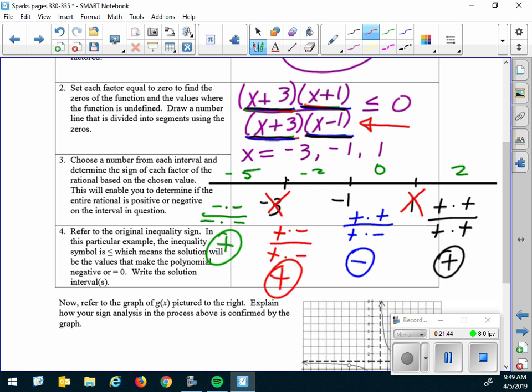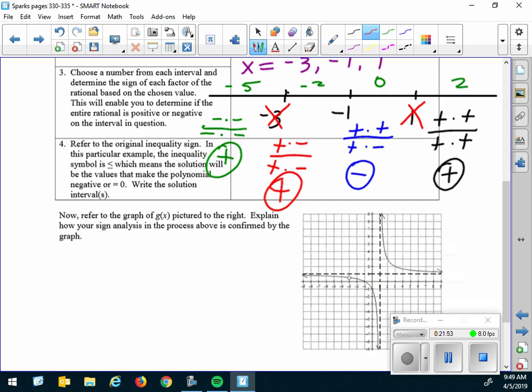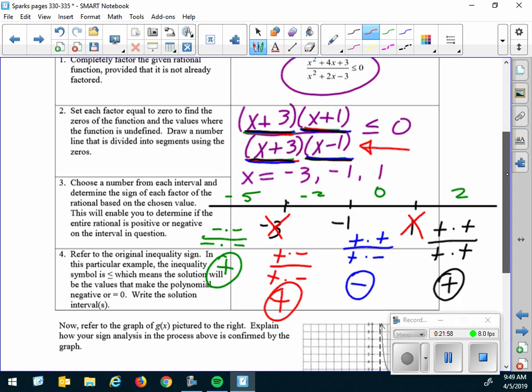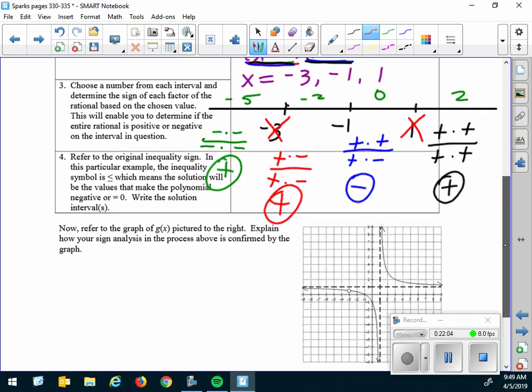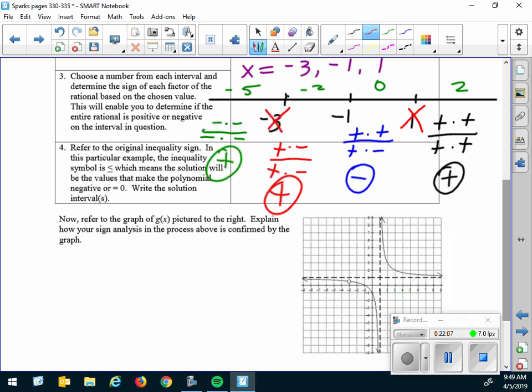Now, ladies and gentlemen, I can answer all of those questions on the front. But let's look at number 4. Refer to the original inequality sign. The original inequality sign was less than or equal. Where is that rational expression less than 0? Between -1 and 1.